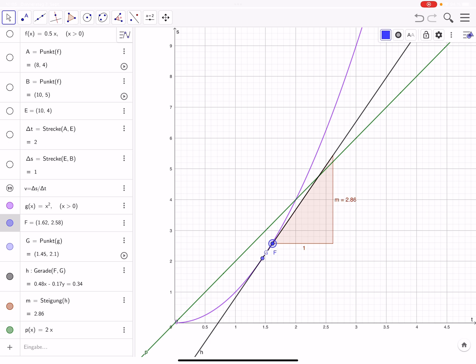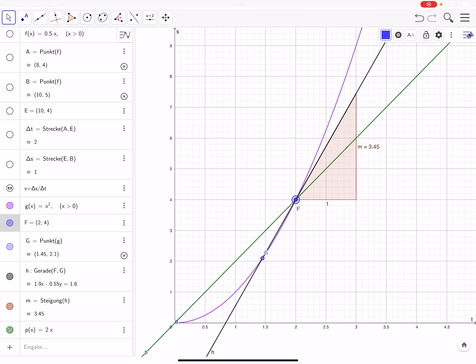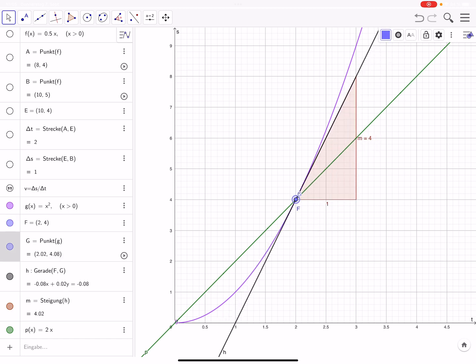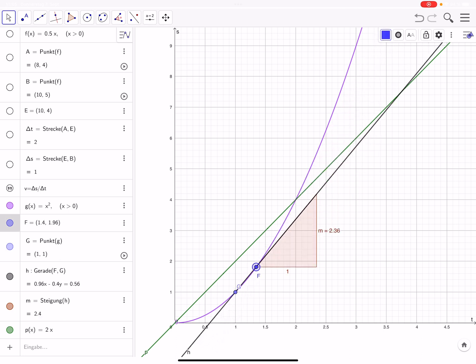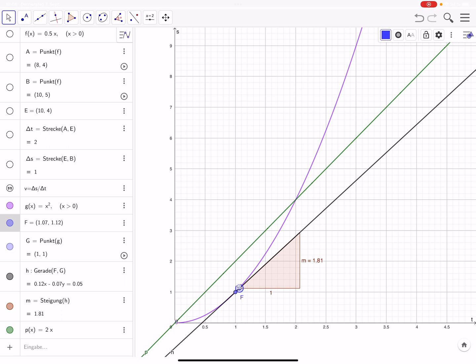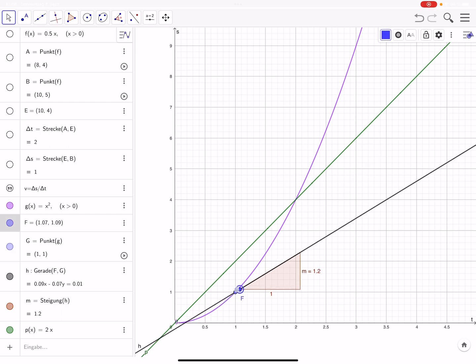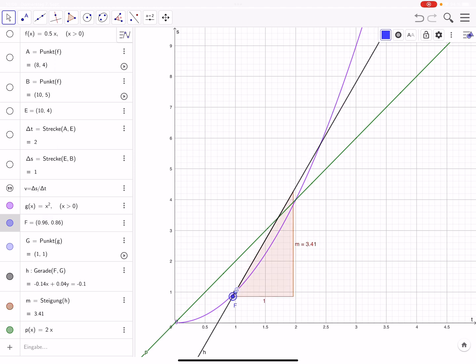So we have seen already that here we have a slope of 4, and you can see that. But here, for example, the slope would be 2. I hope you believe me.